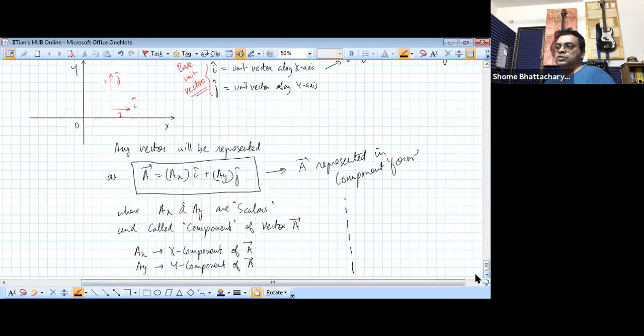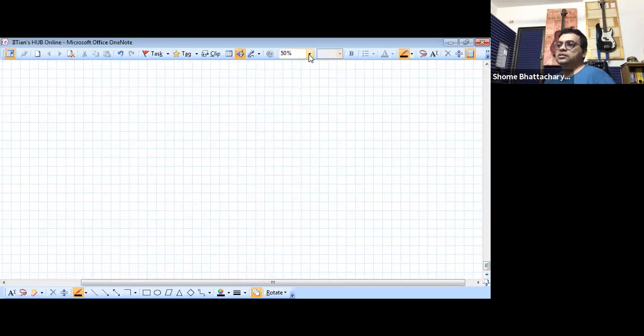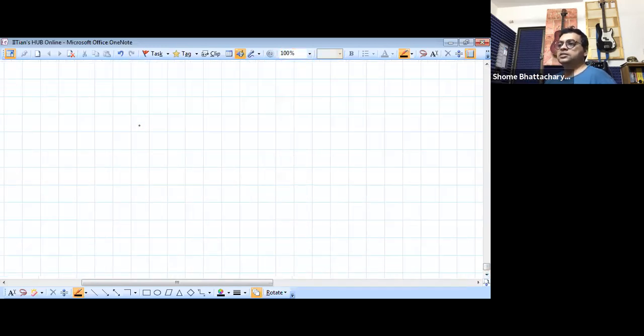Okay. So now let's just take an easy example and understand this. If we have a force vector, which is, let's say, 20 i cap plus 15 j cap in newtons.